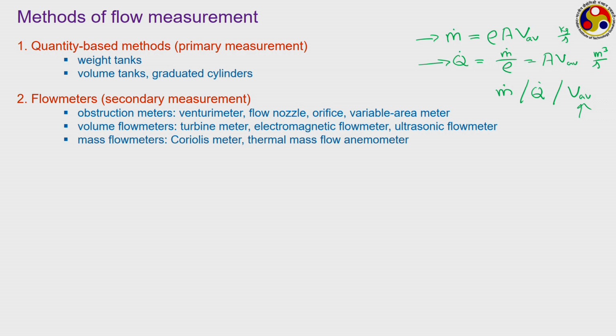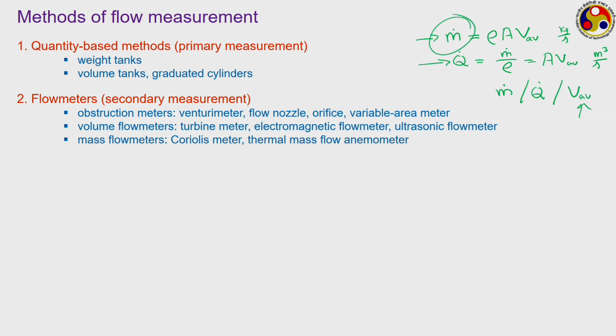Examples can be venturi meter, flow nozzle, orifice meters, variable area meters. We shall be discussing some of them in today's lecture. Then we can have volume flow meters, something like turbine meters, electromagnetic flow meter, ultrasonic flow meter, etc. We can have mass flow meters also, where in fact our measuring parameter is this m dot.